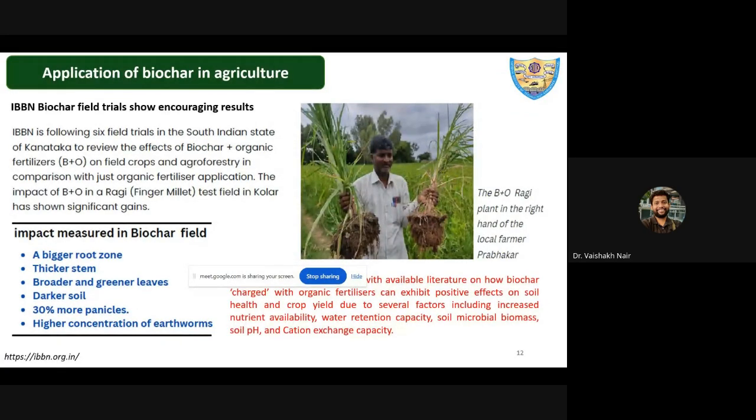This is an example where you will see that farmers have already been doing this. This is one trial. If I remember, the IBBN is an Indian biochar organization where they do field trial studies, and what they have done is use biochar with organic fertilizer.